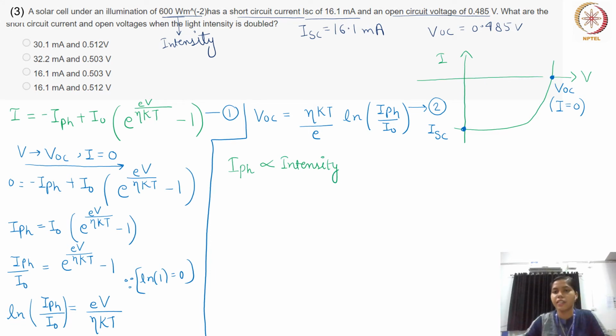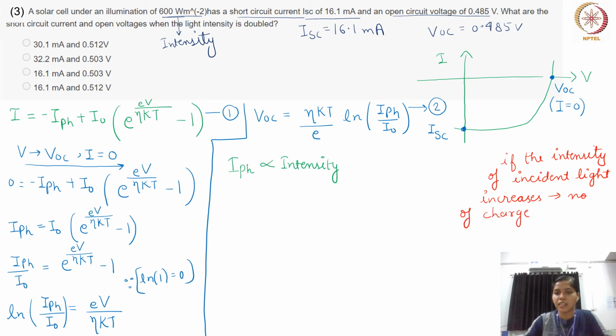If the intensity of incident light increases, it will increase the number of charge carriers generated.